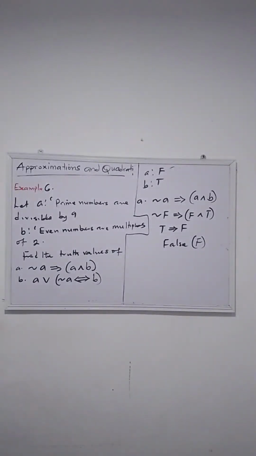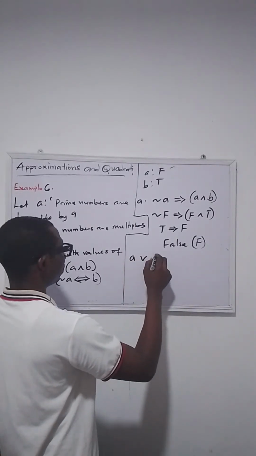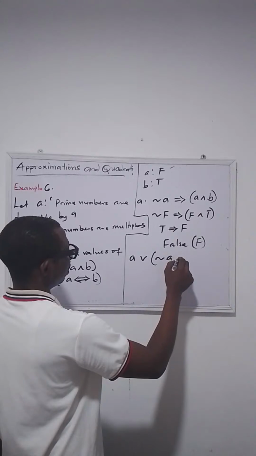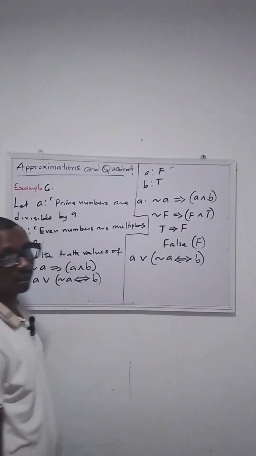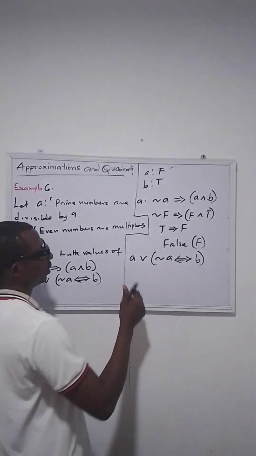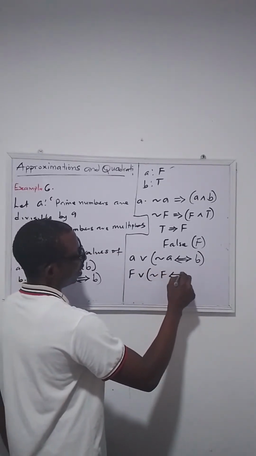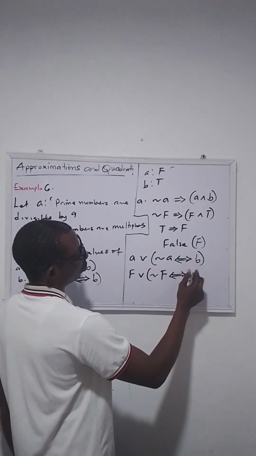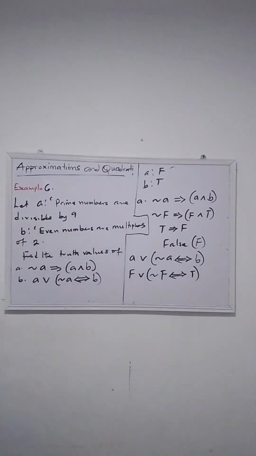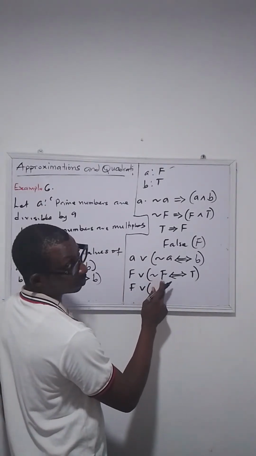Okay, the next one, we have A or negation of A by conditional B. Now let's plug in the truth values. A is false, or negation of false by conditional B, and B is true. So this is going to give us false, or negation of false, which is true.